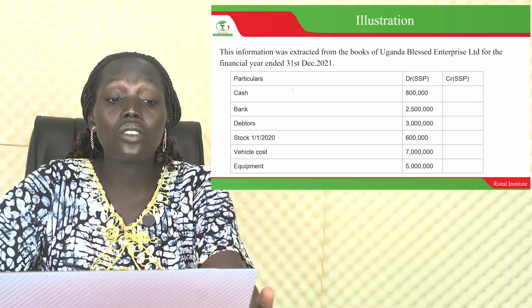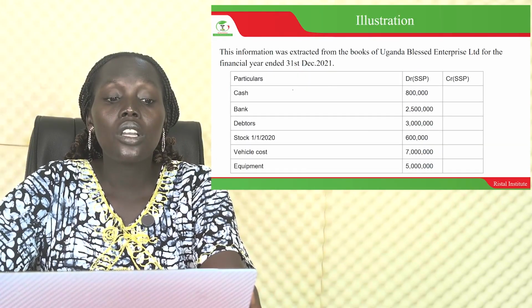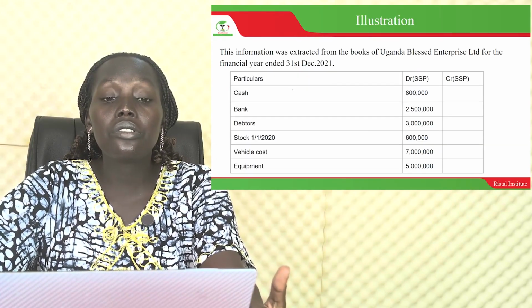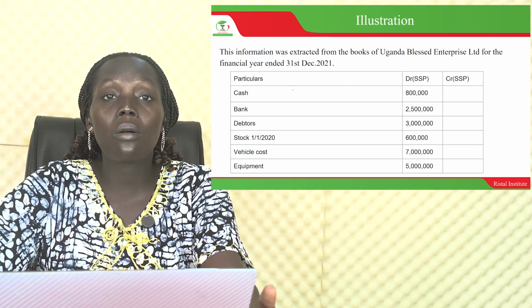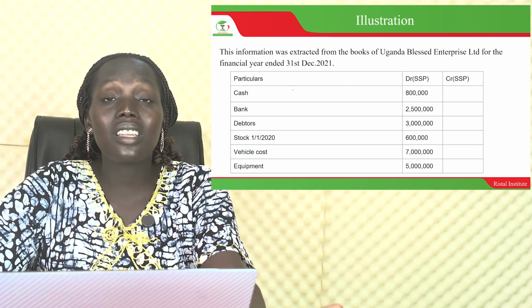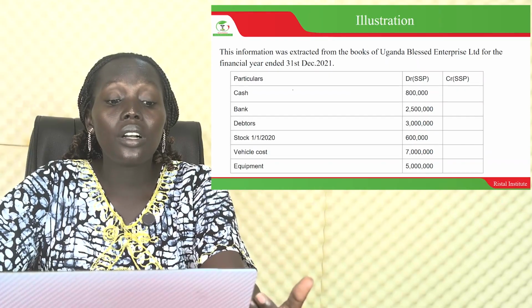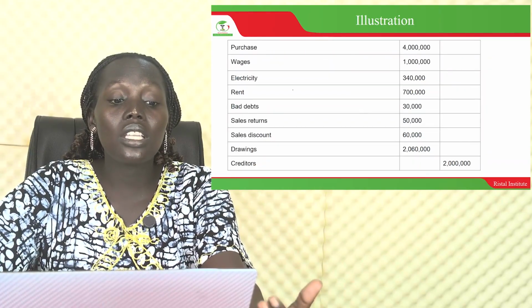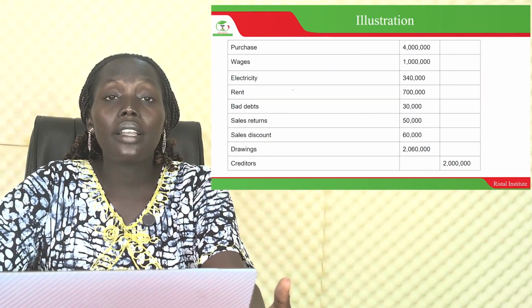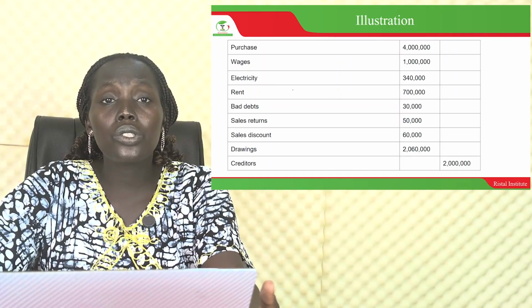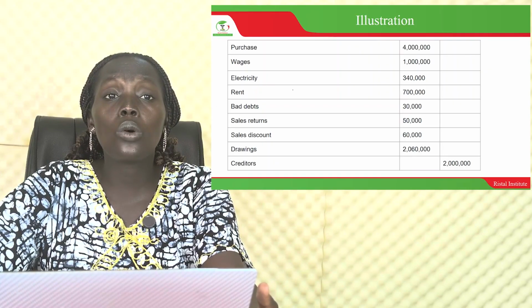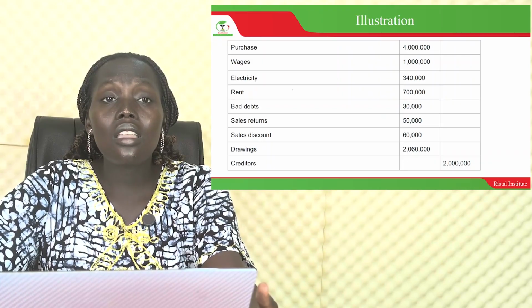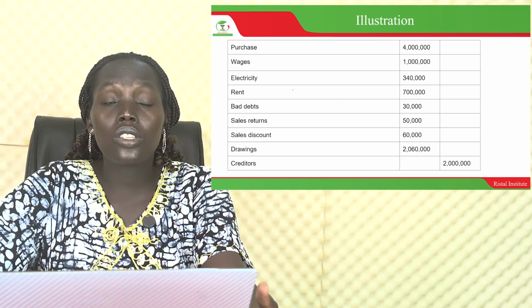They've given us an illustration with information. We are going to use this information to come up with our balance sheet. They've given us cash, bank, and stock, but we are going to identify everything here. Remember our equation: the balance sheet is assets equals liabilities plus shareholders' equity.